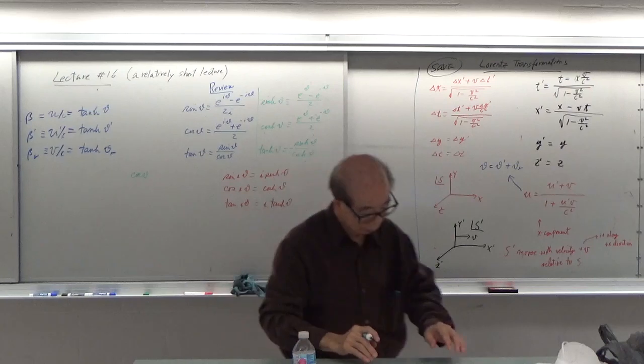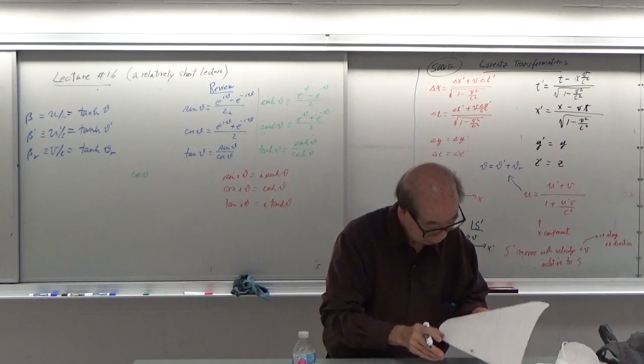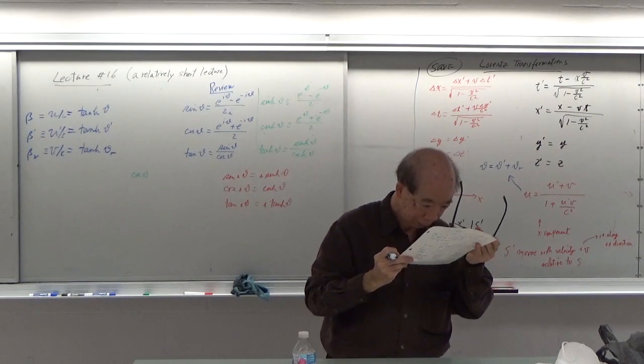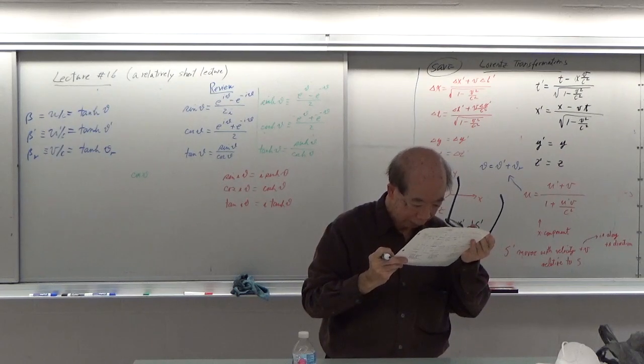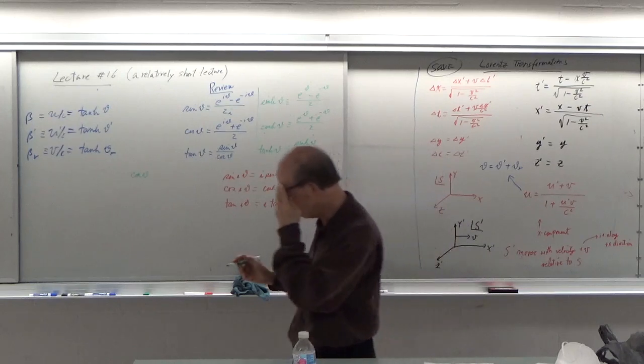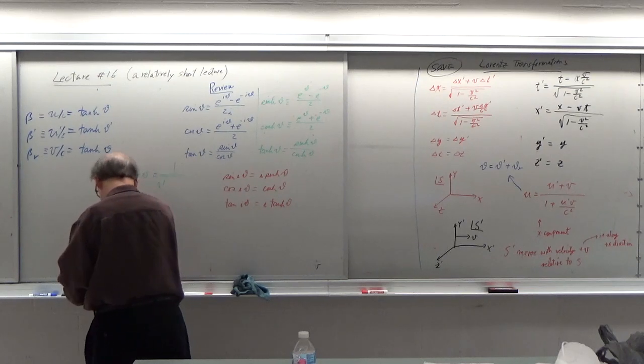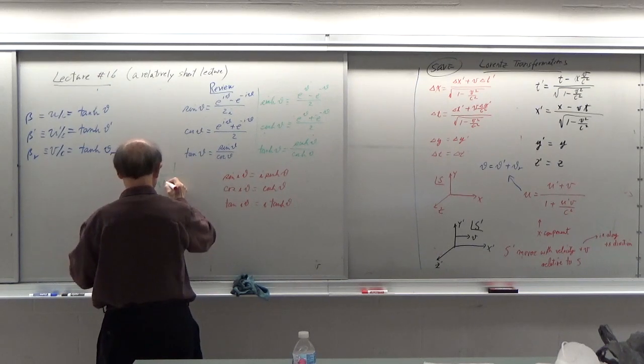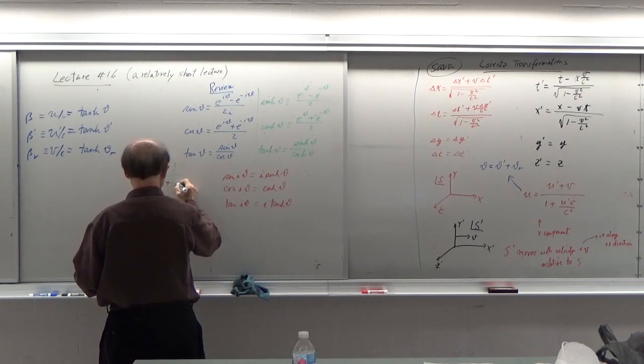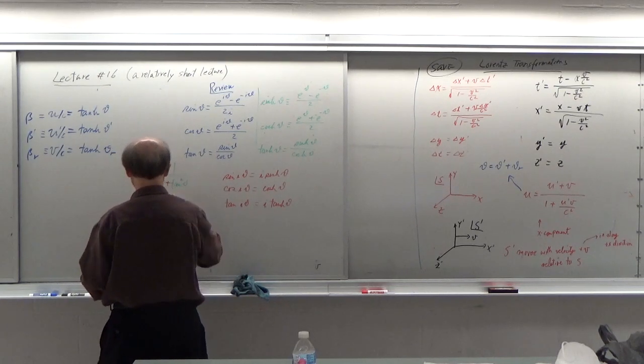Cosine theta, you remember, is equal to 1 over the square root of 1 plus tangent squared theta.